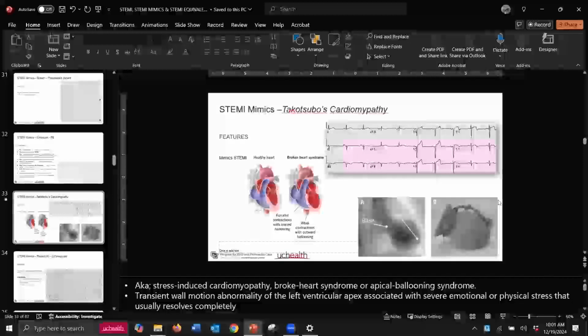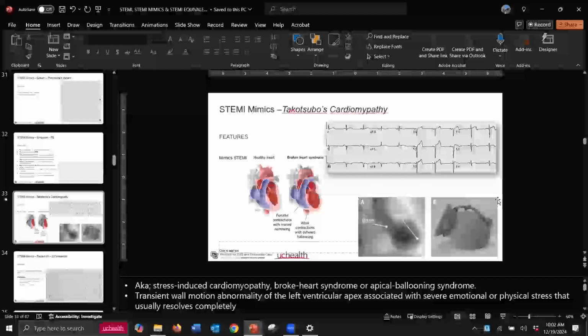The last one that I saw was actually a paramedic friend of mine who lost her husband in a fire incident. It was very dramatic, a very stressful situation. She started complaining of chest pain with syncope. And it was found that she had Takotsubo's cardiomyopathy.